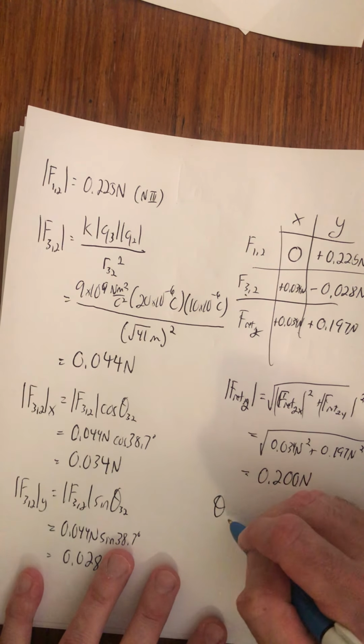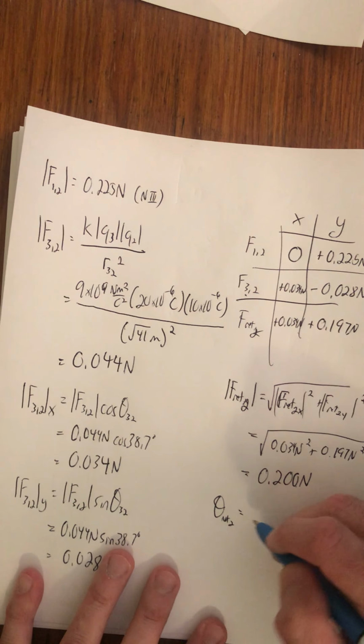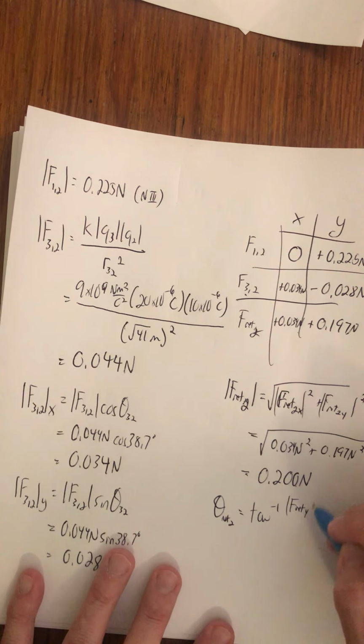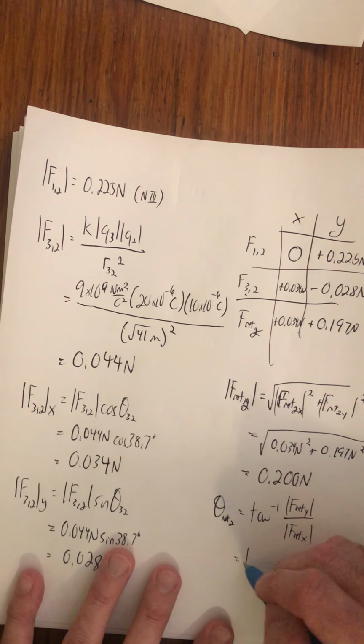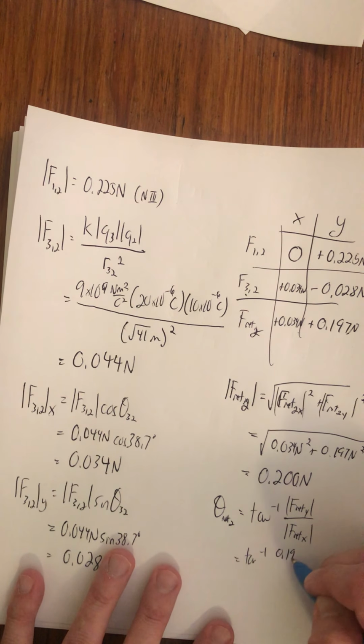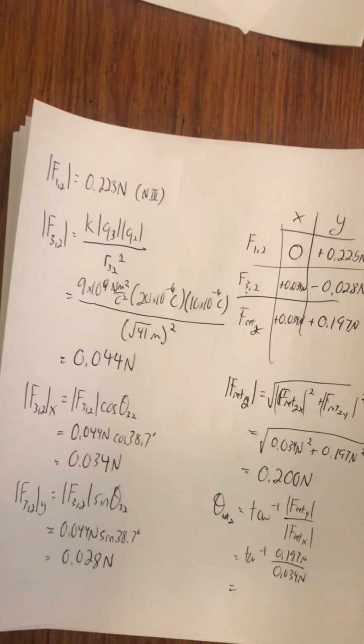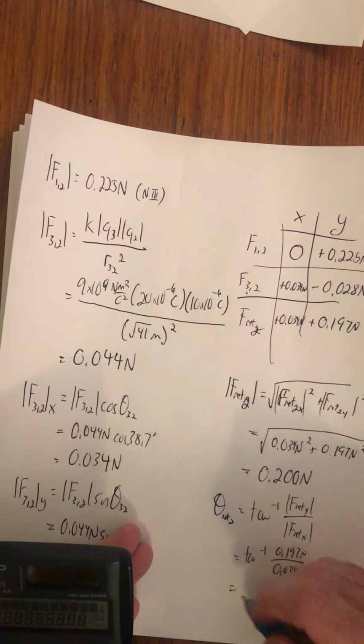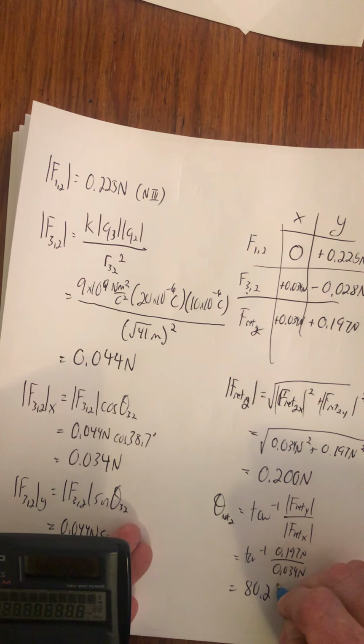And then if I want to know the reference angle for that, that's going to be the arctangent of, once again, the magnitude of the y component over the magnitude of the x component. So arctangent of 0.197 newtons over 0.034 newtons, and that gives us a value of 80.2 degrees.